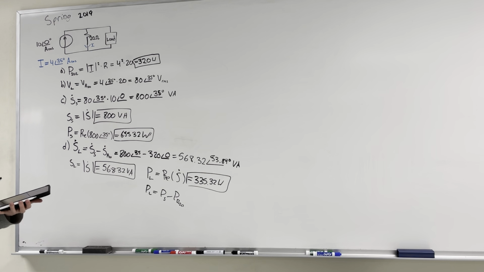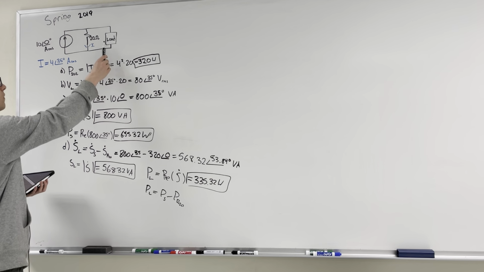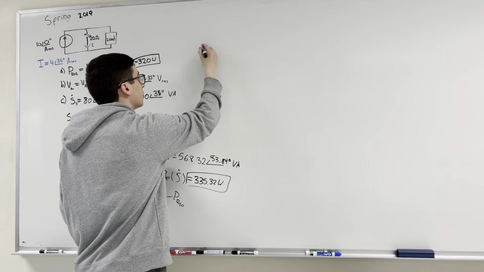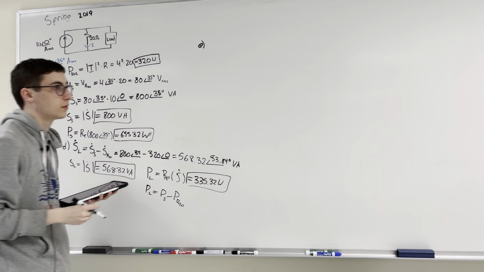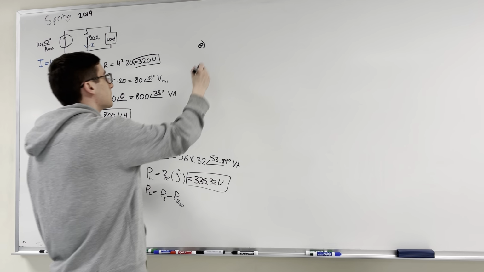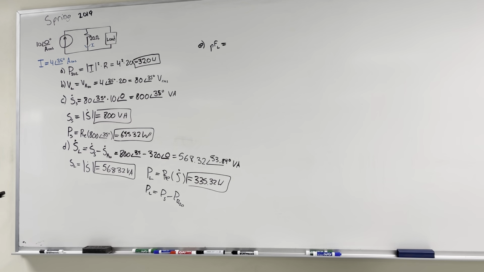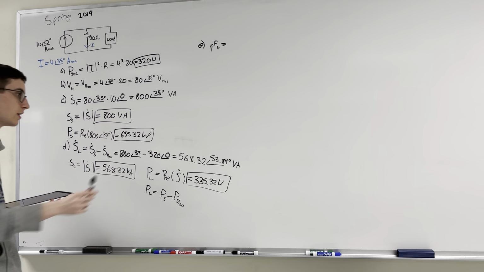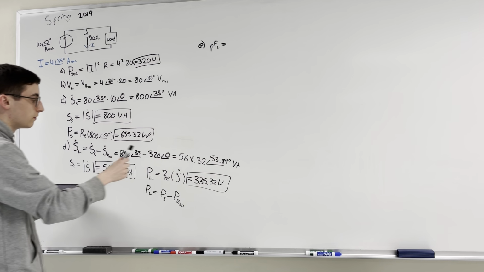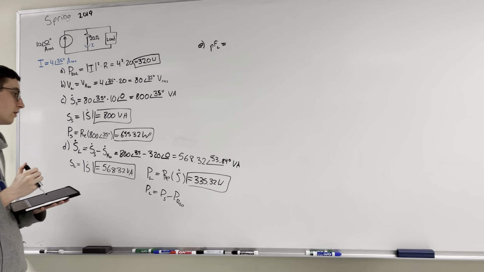Finally, this is asking us for the power factor of the load. So the power factor, PF of L, is simply going to be equal to the cosine of this angle right here, which is the difference of the voltage angle and the current angle.